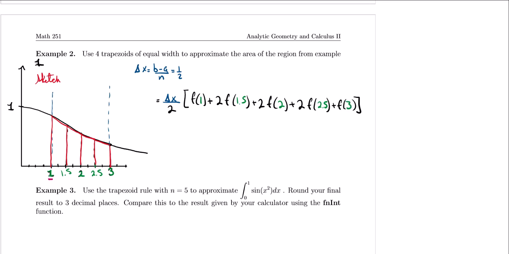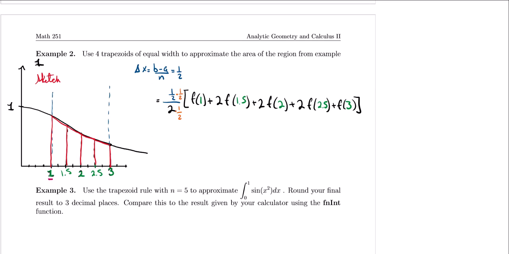Now, one suggestion that I do want to give you guys: we have our delta x, right? Now the delta x was 1/2. So if we have 1/2 divided by 2, well, remember that we can always multiply by the reciprocal of the denominator whenever we're dealing with a complex fraction. So if I multiply this one here by 1/2, I can go ahead and multiply the top as well by 1/2.